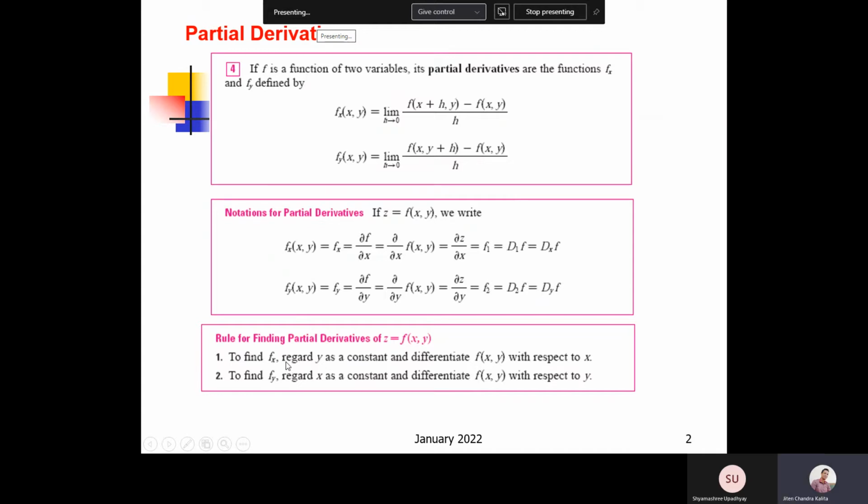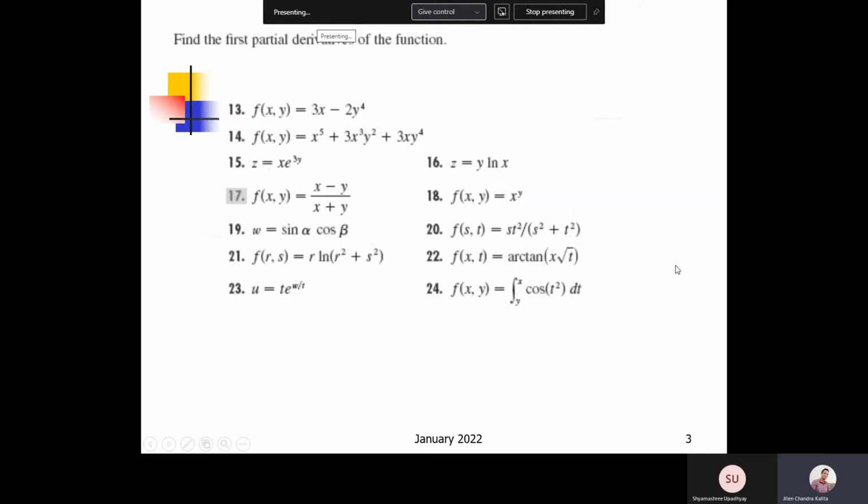If you want to find the partial derivative with respect to x, you have to regard y as a constant and simply differentiate the function f(x, y) with respect to x. To find fy, you regard x as a constant and differentiate f(x, y) with respect to y. These are examples you can try at home, and definitely in our tutorial we are going to do a lot of examples.